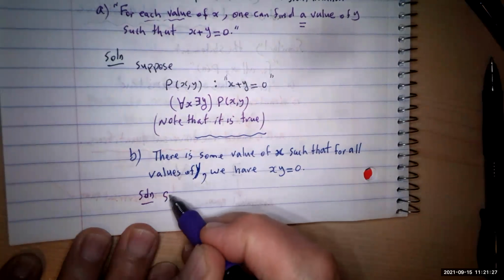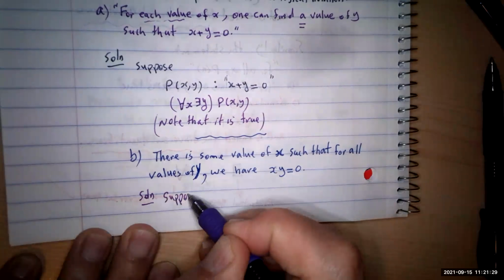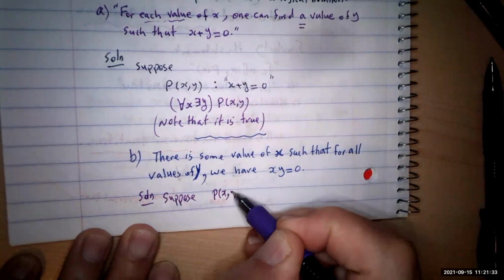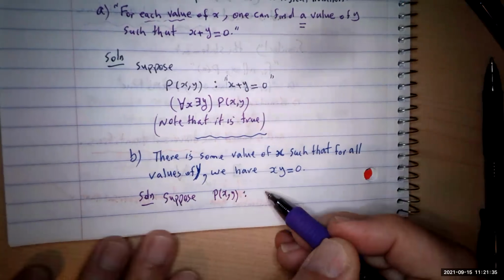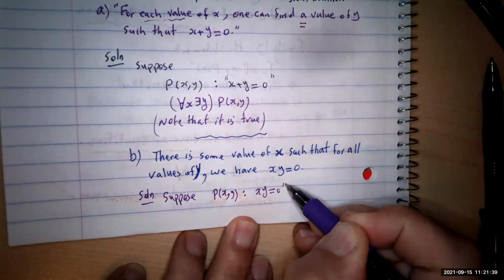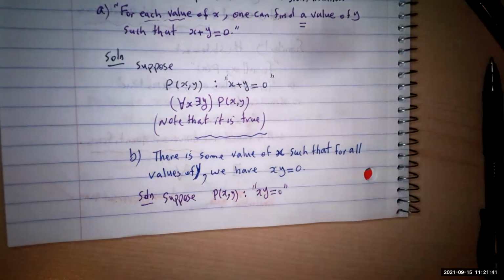Solution: your statement P(x, y) is the fact that x times y is equal to 0. This is going to be the statement. So this means there is an x such that x times y would be 0 for all y.